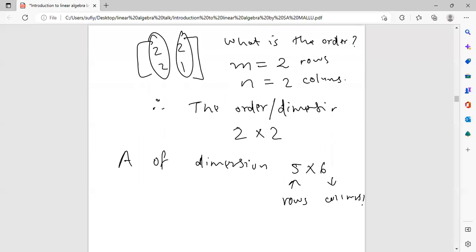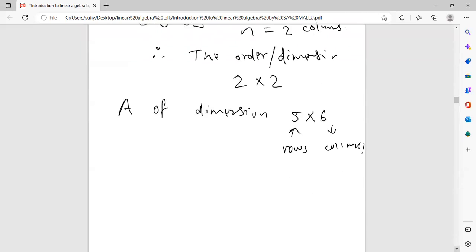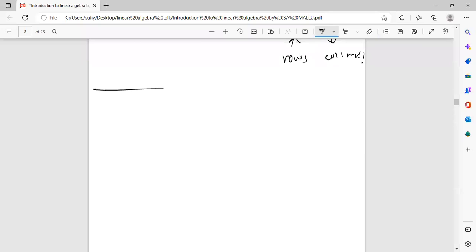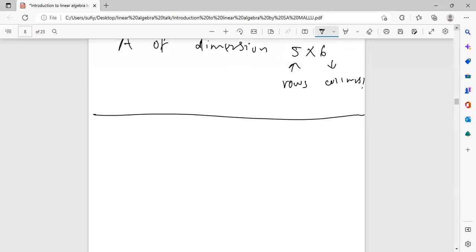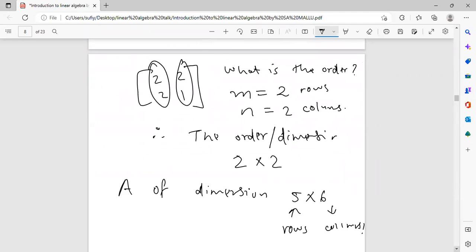Now we still have about 15 minutes, so let me show you guys some operations. This is why the order was important, because in order to define this operation, we need to know this order. Also keep in mind whenever it happens that your number of rows is equal to the number of columns in a matrix, let me write that for you.